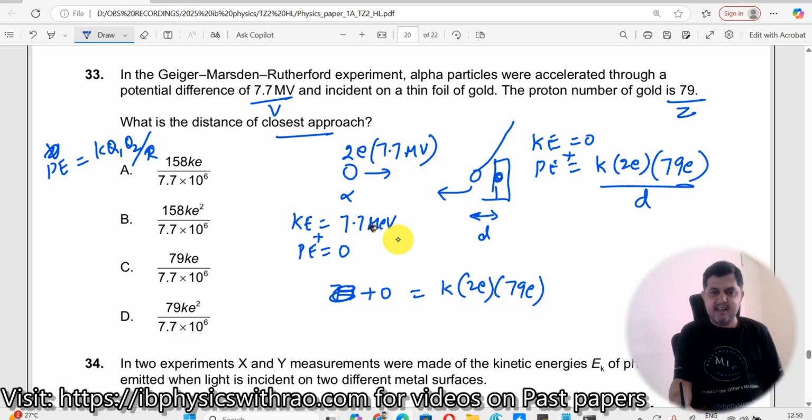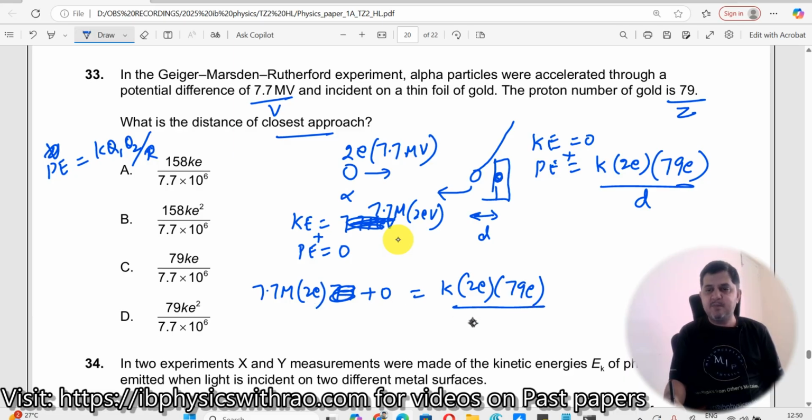I'll write the kinetic energy as 7.7 M into 2 eV, equal to K into 2e into 79e divided by d.